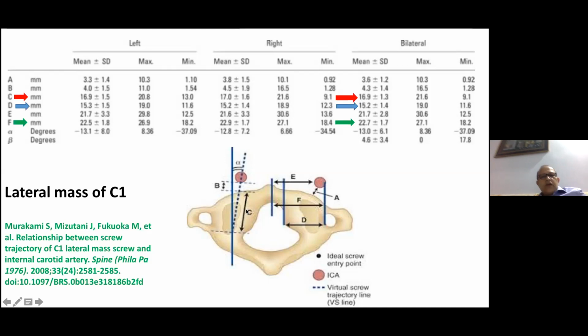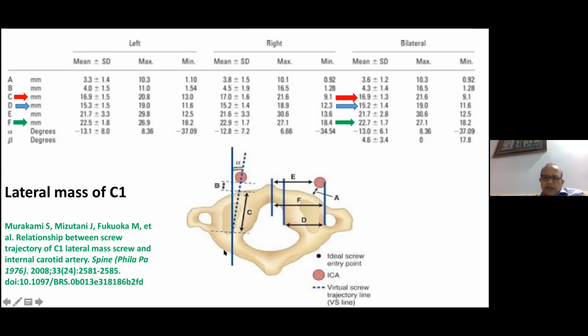But sorry, you cannot direct it medially. The facet joint of C1, C2 is directed laterally. So you have to put in the screw in the direction of the facet. When you put in a screw from the posterior side, then you should direct it medially because the orientation is like this.